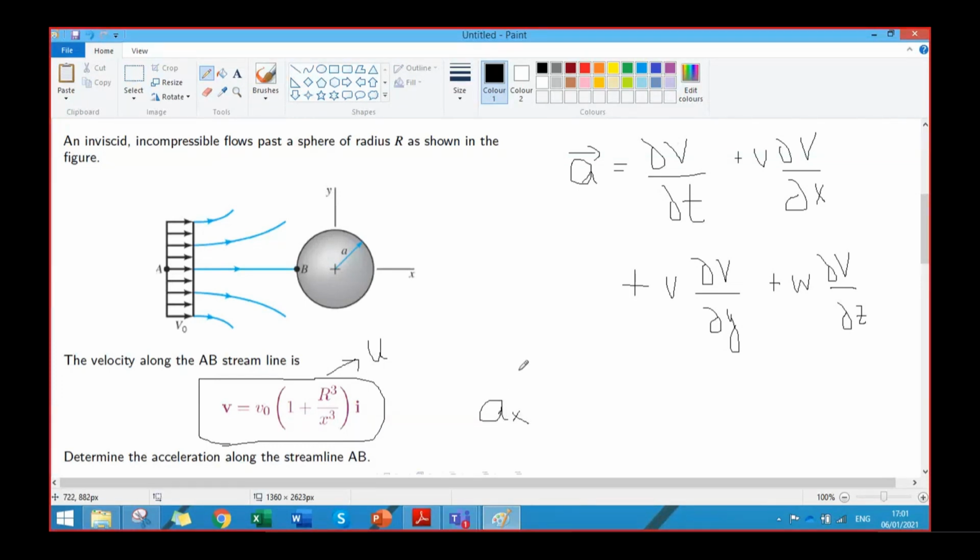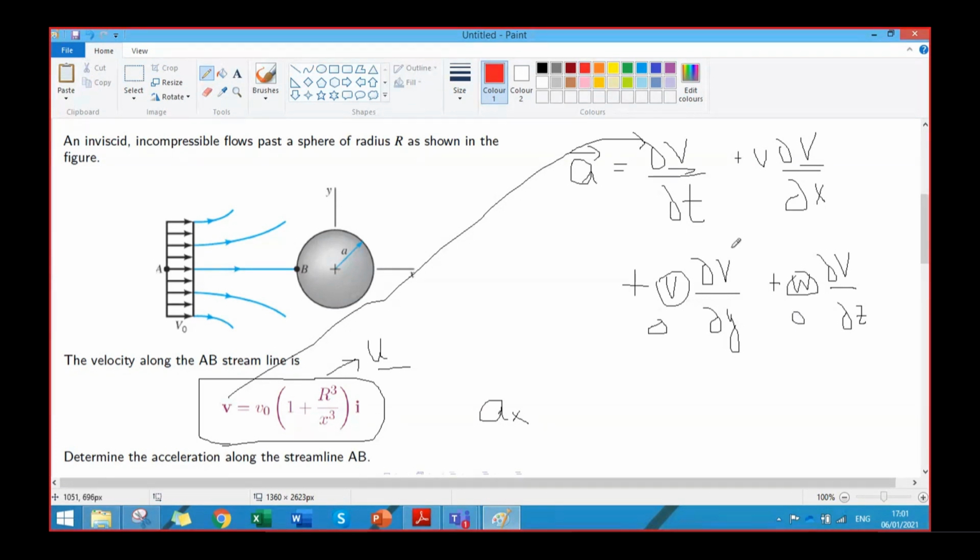So the v component is 0 and the w component is 0, which means these whole terms would change to 0.